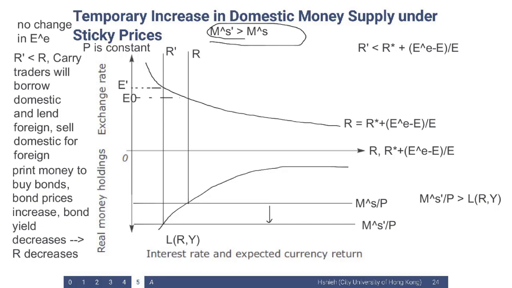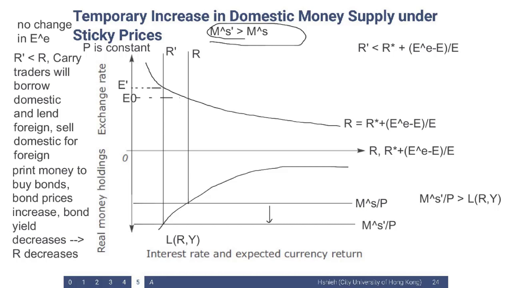All right, so that's the setup of our problem. To analyze what happens, we first have an initial equilibrium in both markets. Let me quickly draw these lines. We have a market clearing condition in the money market, MS over P. It's our starting point, and liquidity preference.